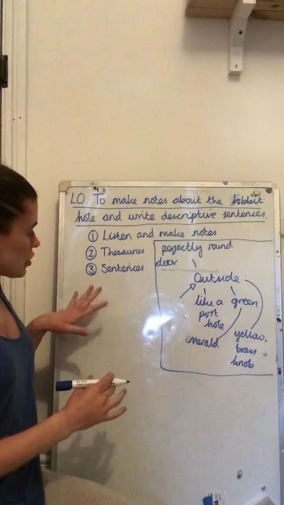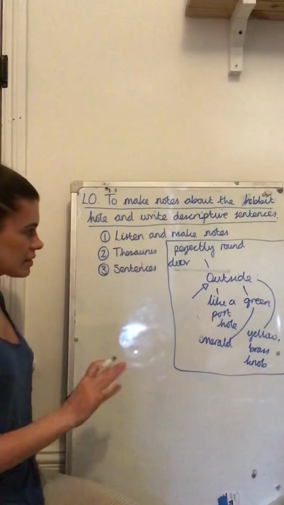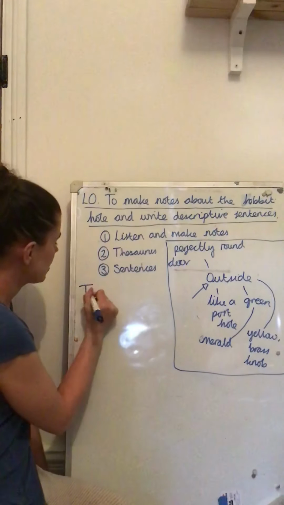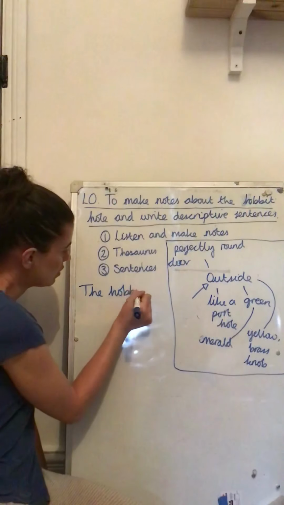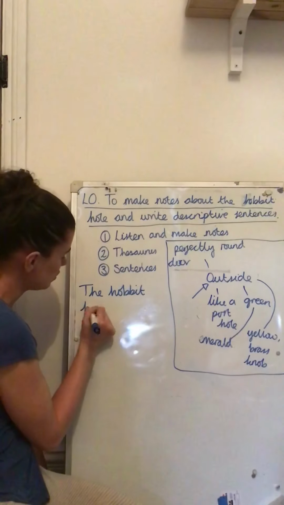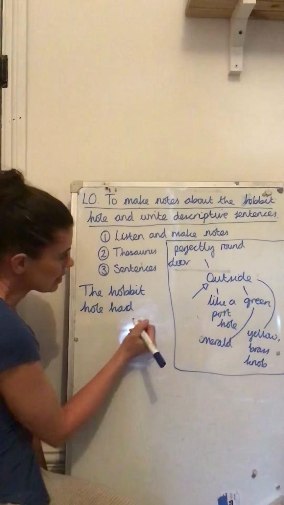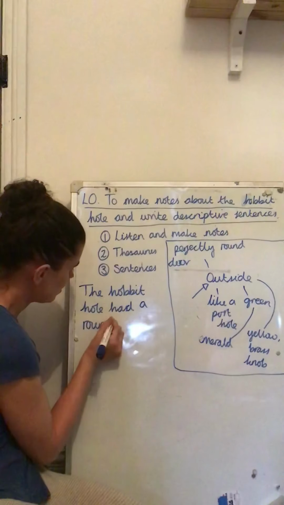Okay. So I'm going to write my sentence here, and I want you to have a look and think, good or bad. The Hobbit hole had a round door.